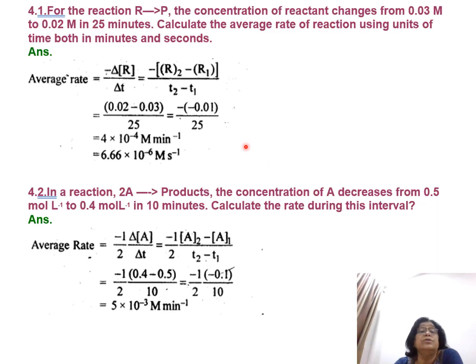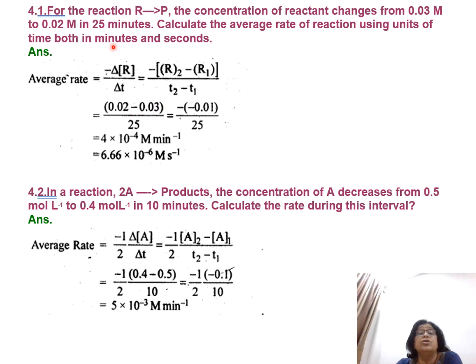Okay, let's see this question. For the reaction R giving you P, the concentration of the reactant changes from 0.03 M to 0.02 M in 25 minutes. Calculate the average rate of reaction using units of time both in minutes and in seconds. So average rate is what? Minus delta R by delta T. So minus R2 minus R1 upon T2 minus T1.